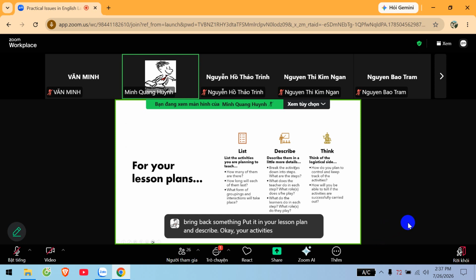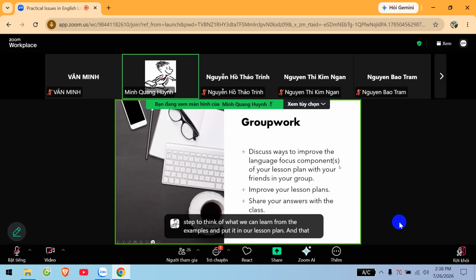So that is our next step, to think of what we can learn from the examples and put it in our lesson plan. And that will be your homework. Today, work on your individual lesson plan and think of how to incorporate what you have learned from these activities into your plan.